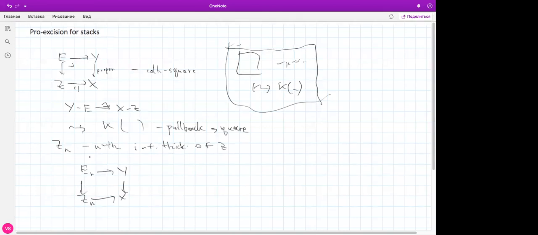This is now a whole system of squares, an ind-system of squares. And then you want to apply K-theory to this whole system and end up with a commutative square of pro-spectra, which you want to be commutative.